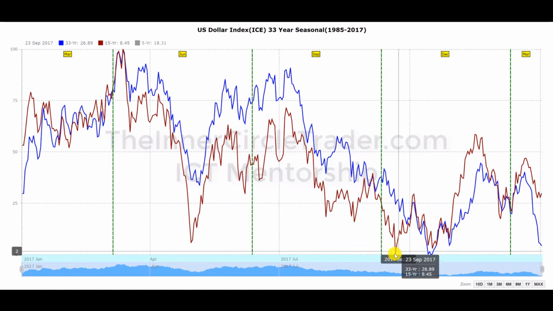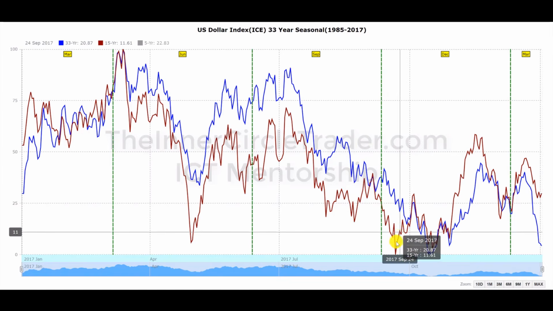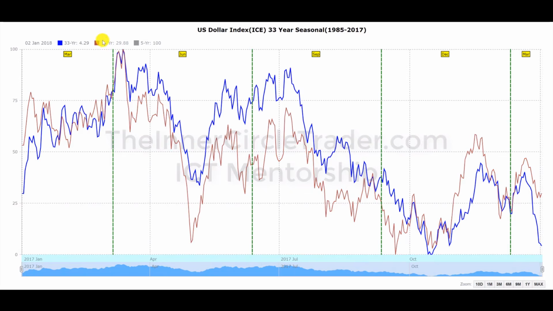If you look at the red line in here, this delineates the 15-year seasonal tendency, and the blue line delineates the 33-year seasonal tendency. They have a denotation for 5-year, but it doesn't appear on the chart.